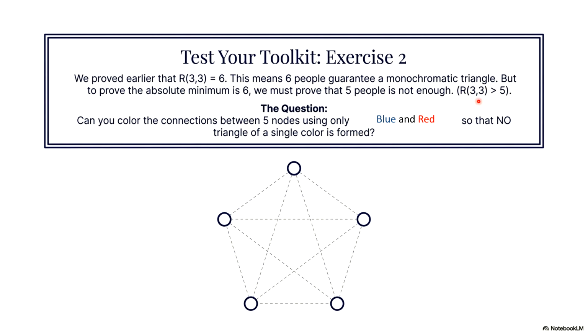And then that would prove that you need 6 in order to guarantee either 3 red or 3 blue. Okay, if you want to give that a try, go ahead and pause the video and I'll come back and give you the solution on the next slide.